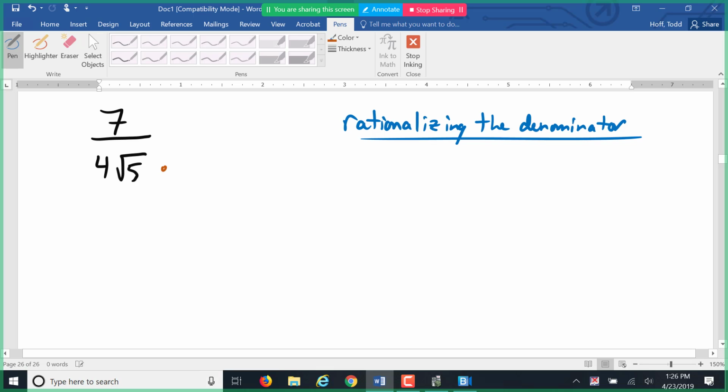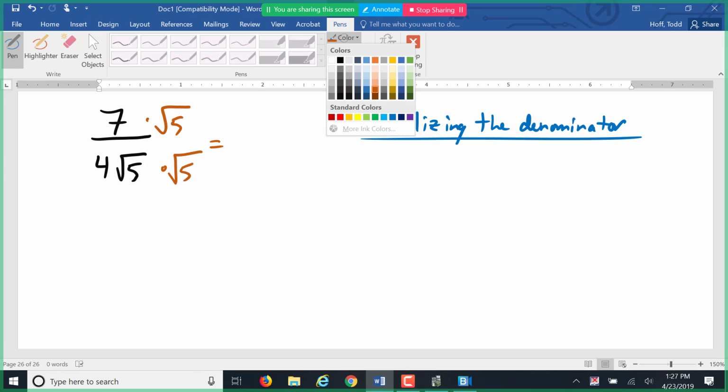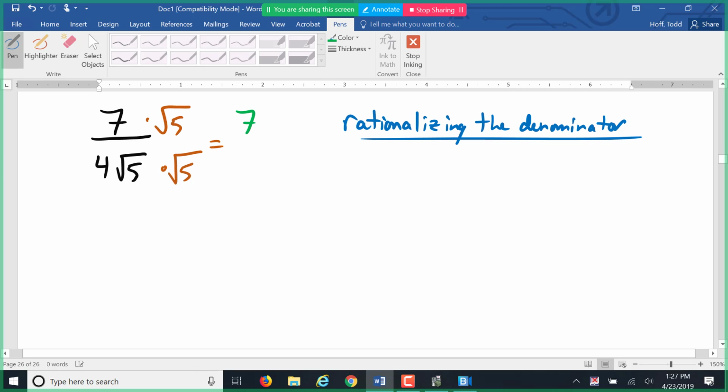We just multiplied by the appropriate radical. This is a square root, so we multiply by another square root of the same base. 7 times the square root of 5 is just 7 times the square root of 5. 4 times the square root of 5 times the square root of 5 is 5, so 4 times 5 is 20.